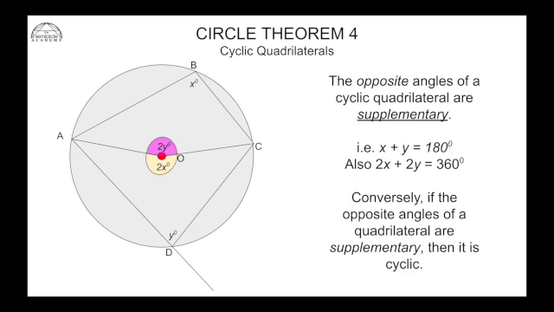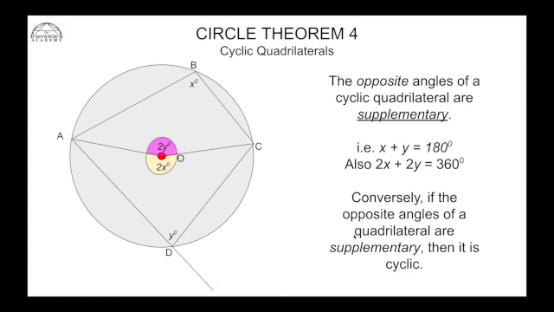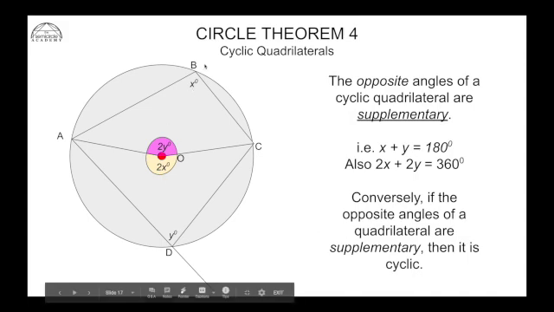Alright. So, Theorem 4. If you have a cyclic quadrilateral, the opposite angles will add up to 180. Now, conversely, if you have a quadrilateral and you want to know if it is a cyclic quadrilateral, then just add up the opposite angles.